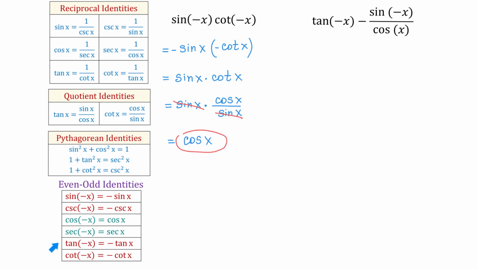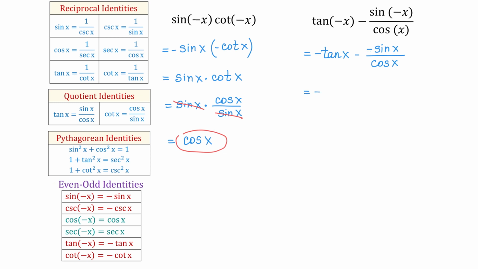Tangent of negative x equals negative tangent of x. So in place of tangent of negative x, we will write negative tangent of x. Sine of negative x is negative sine of x. So we will replace sine of negative x with negative sine of x over cosine of x. Now these two negatives will make a positive.